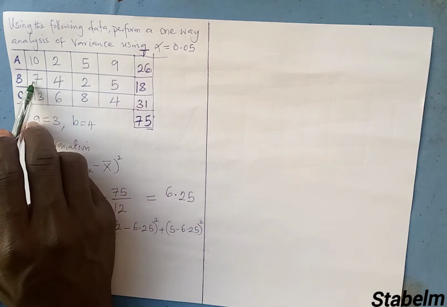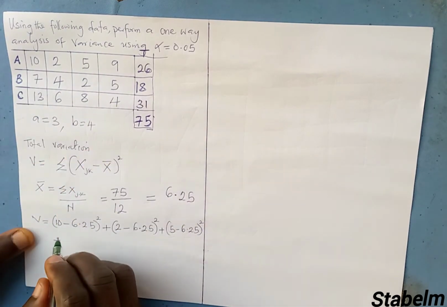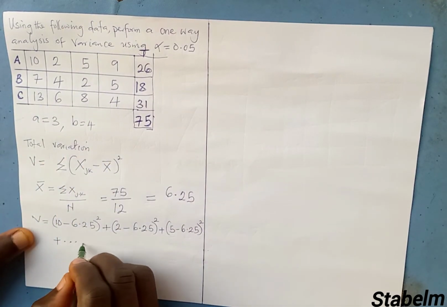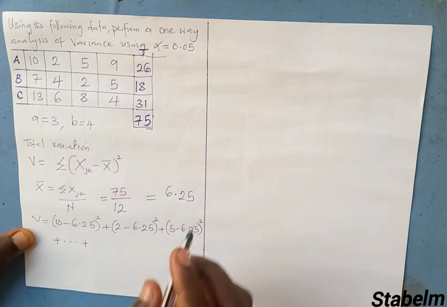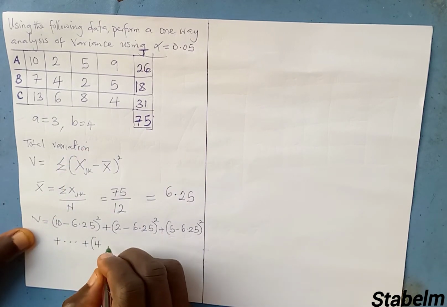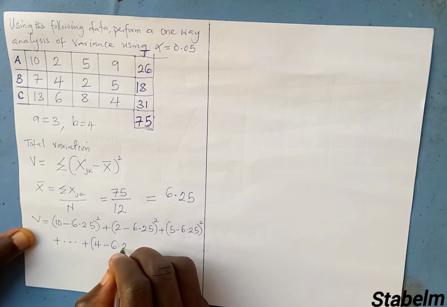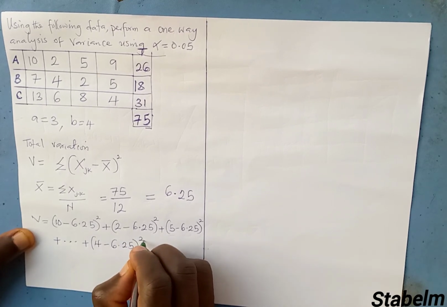Then after 9 we take 7, up till we reach 4, plus dot dot dot, plus the last value here, which is 4 minus 6.25 all raised to power 2.